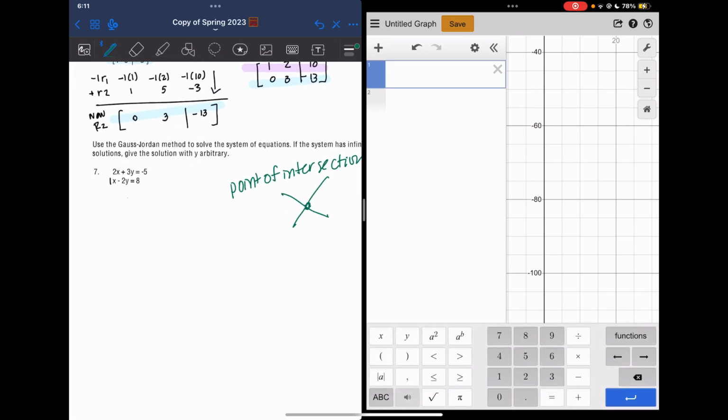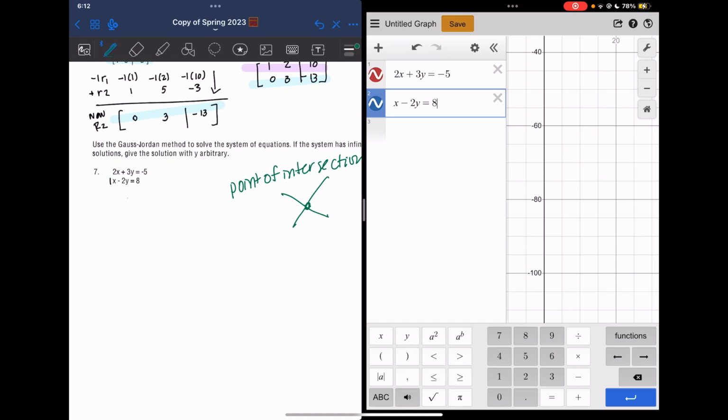So we're going to enter it the way we see it. It's going to be 2x plus 3y equals -5. And then it's going to be x or 1x, it's the same thing, minus 2y equals 8.